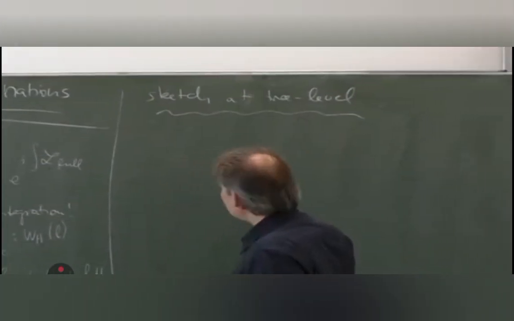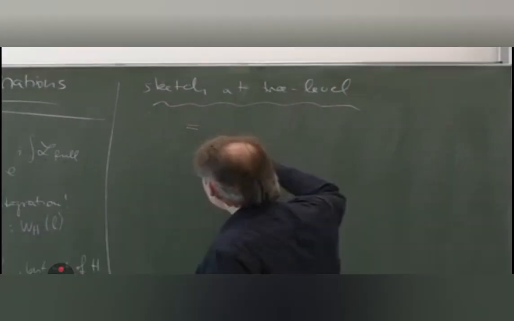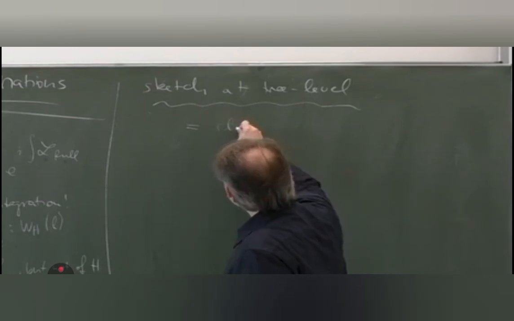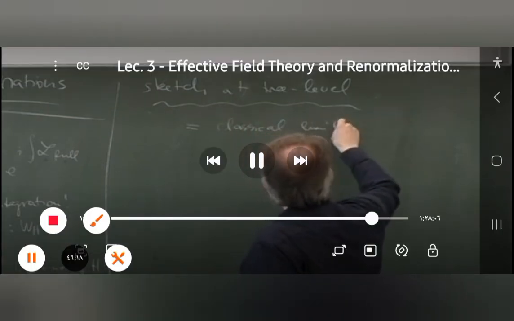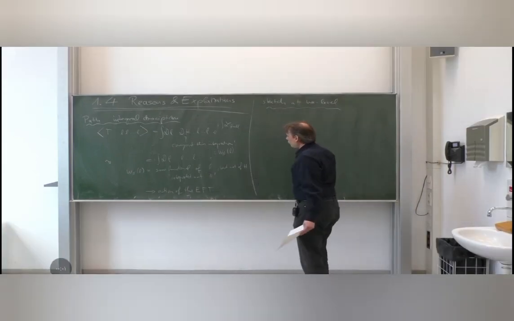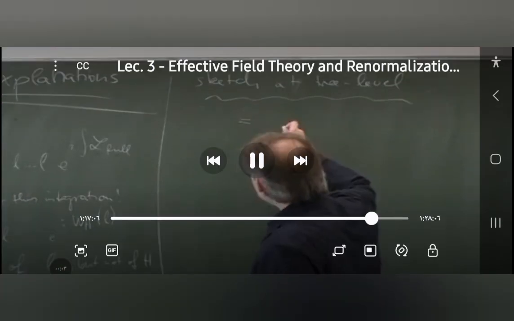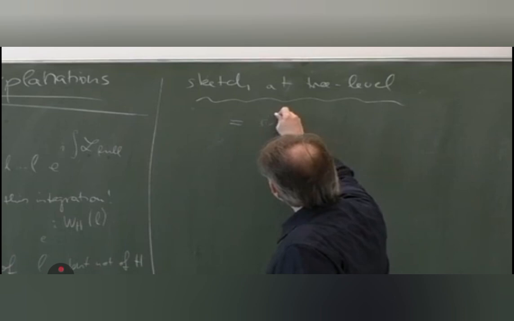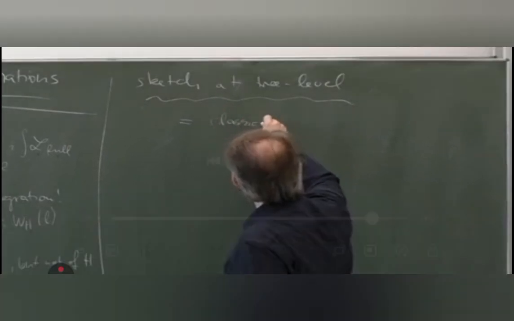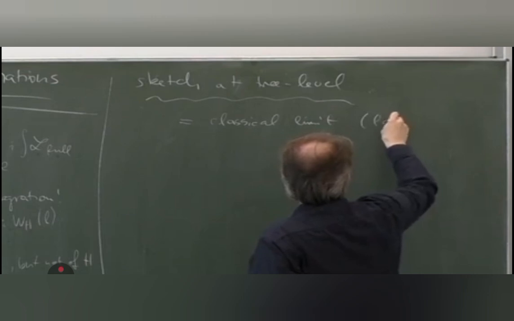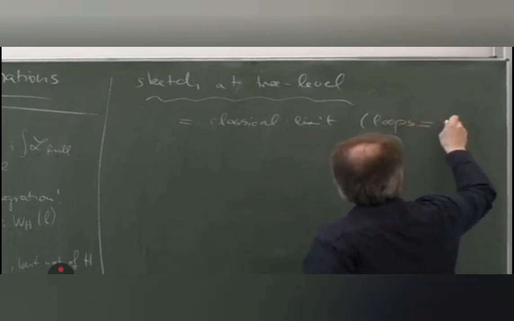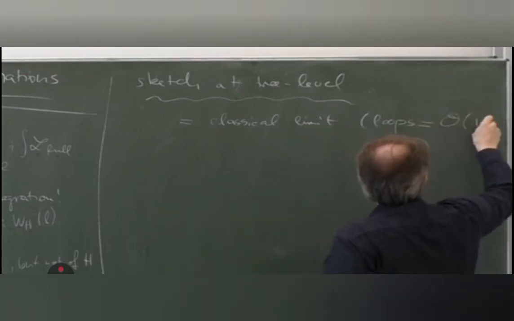So tree level means we work at a classical limit, because loops are of the order h bar.